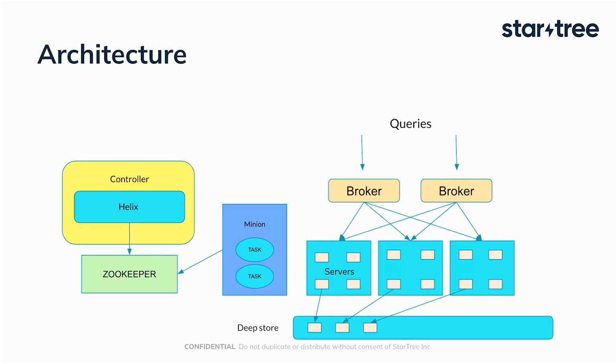So Minion was a new component that we only recently introduced. The thing was, there are a lot of ad hoc tasks which happen in Pinot servers. Some of those tasks could be merging some old segments together because you don't want duplicate data across the servers, or you don't want a lot of files polluting your directories and stuff like that.